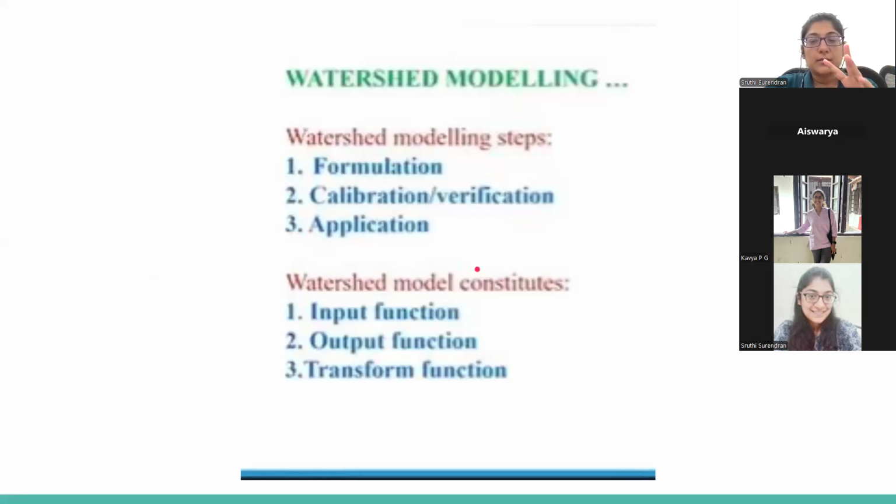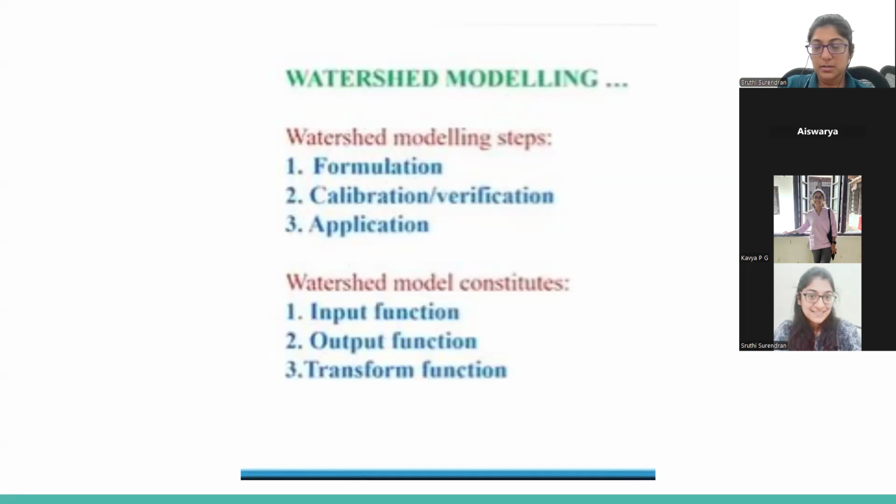So watershed modeling is nothing but creating a model that mimics a watershed so that we are able to predict or estimate the various hydrological components that are contributing to water flow in that watershed.